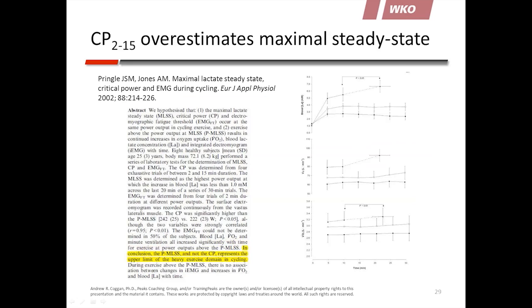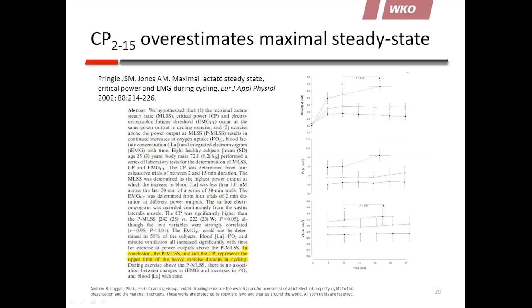Yet another example, this one from Pringle and Jones, where they were looking at critical power-based tests 2 to 15 minutes in duration, and they end up demonstrating that if they have people exercising at critical power, their oxygen consumption drifts up significantly over time. Whereas if they have them exercising at their maximal lactate steady state, then their oxygen consumption remains constant over time.